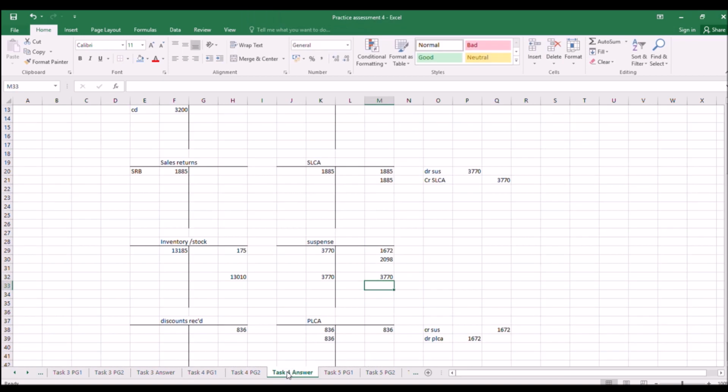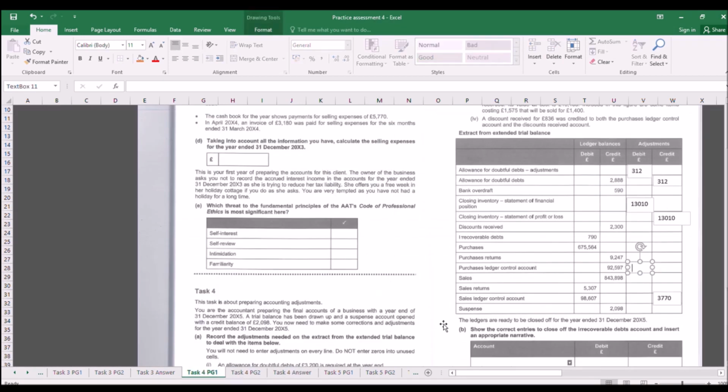And what did we debit our purchase ledger control account with? 1672. And then in total, with those two amounts, we've also debited our suspense account 2098.